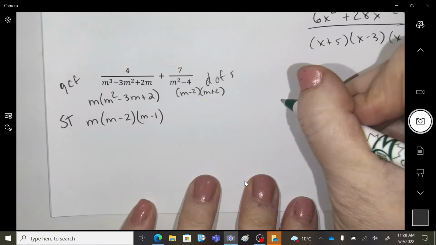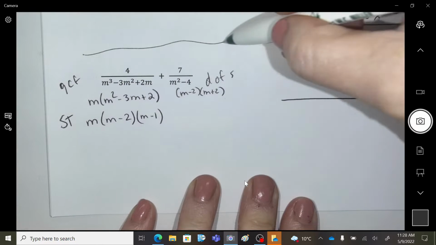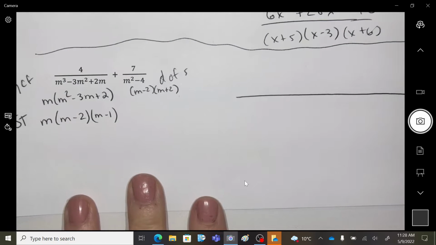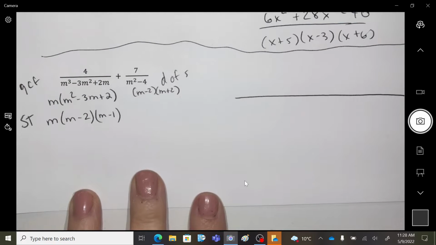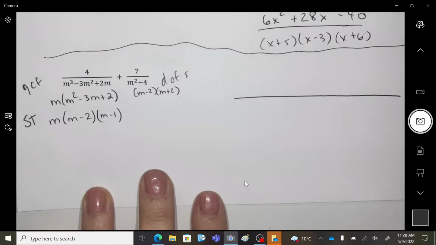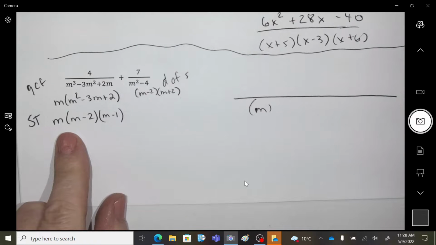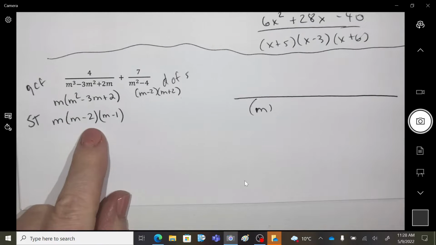Okay, we're going to go to our common denominator now. What do I all have to put into this denominator? So I'm going to need an m. I'm going to need an m minus 2.